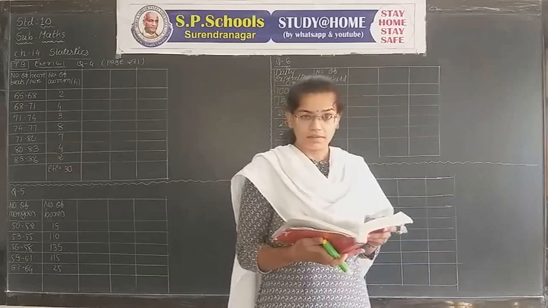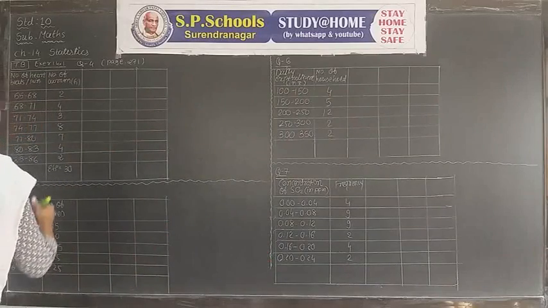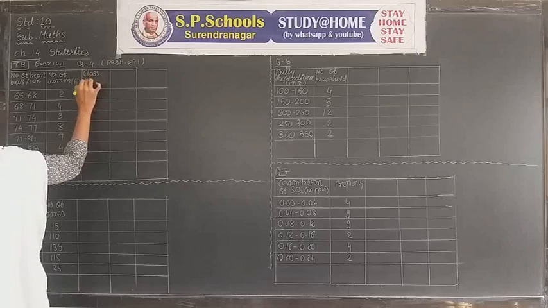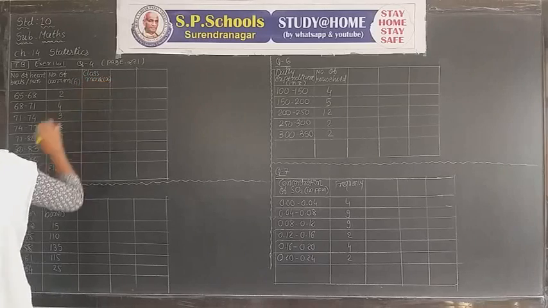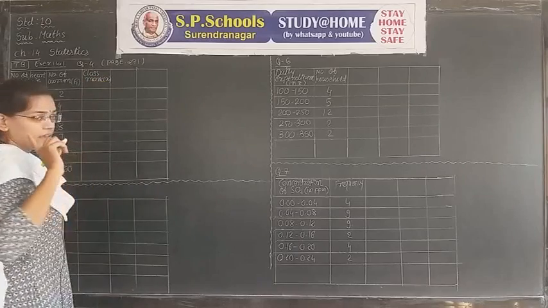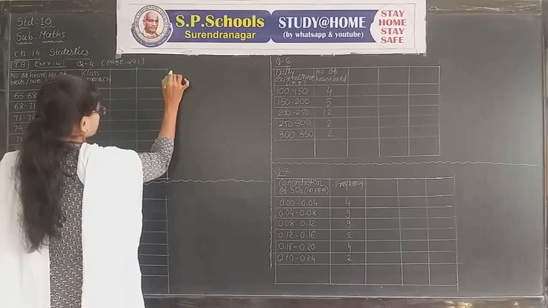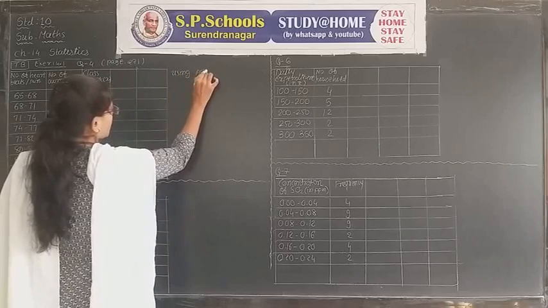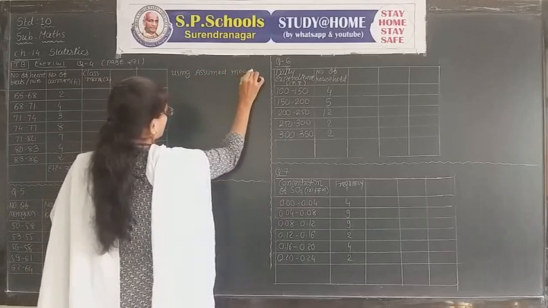Let's start to find the mean using the assumed mean method. The third column is for class mark. Class mark is symbolically denoted by xi. We are using the assumed mean method.